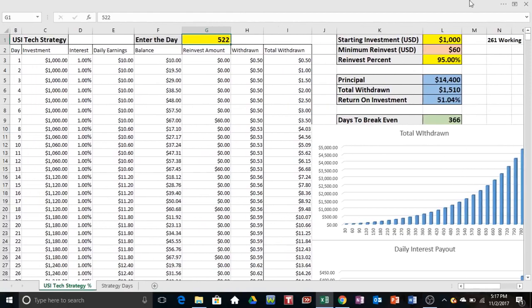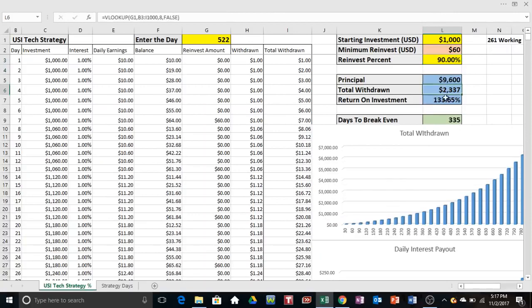So let's go back here. If you had $1,000 to start off with, you see at 90%, 95%, yeah, you're growing, but look at your total withdrawn amount: it's only $1,500 in that entire 2 years. Versus if you go back down to 90%, you see now your total withdrawn is $2,300.